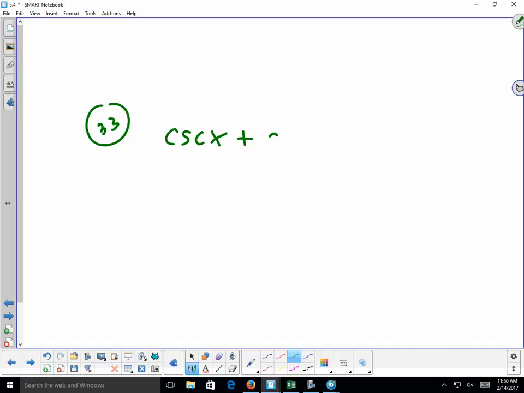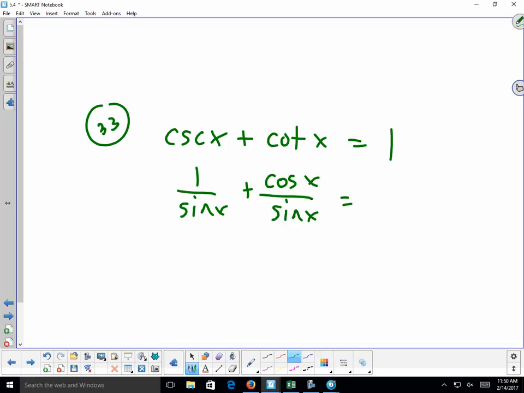Cosecant x plus cotangent x equals 1, right? Can we write this as 1 over sine x plus cosine x over sine x equals 1? We have a like denominator, so I got 1 plus cosine over sine is equal to 1. Interesting.